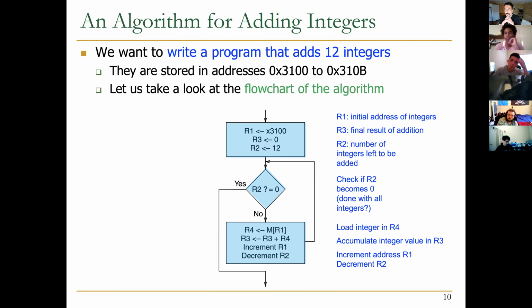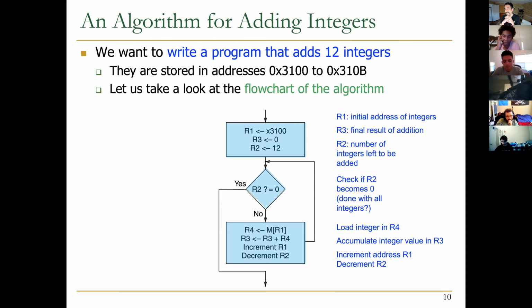Next would be, again, the same, right? So memory is linear. And you know whether LC3 is word addressable or byte addressable determines how you get access to the next memory address, right?